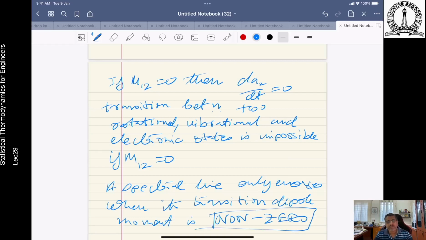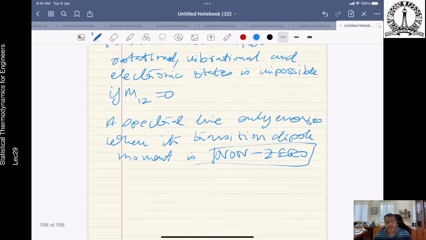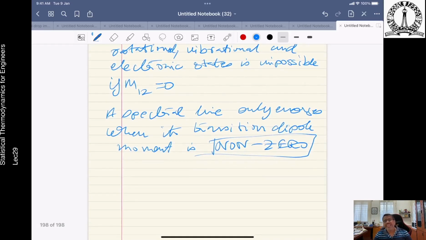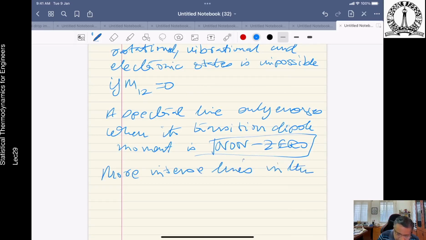Generally you will find that the more intense lines in the spectrum arise when Mij is high.